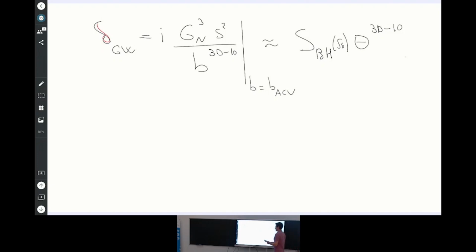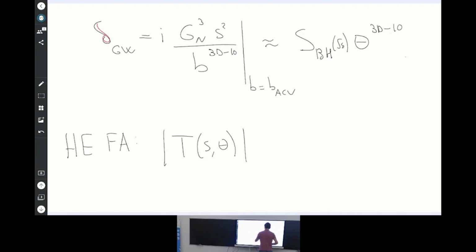And the conjecture is sometimes people say that high energy fixed angle in gravity is that T(S, theta) is proportional to e to the minus S black hole, square root of S, times f of theta.